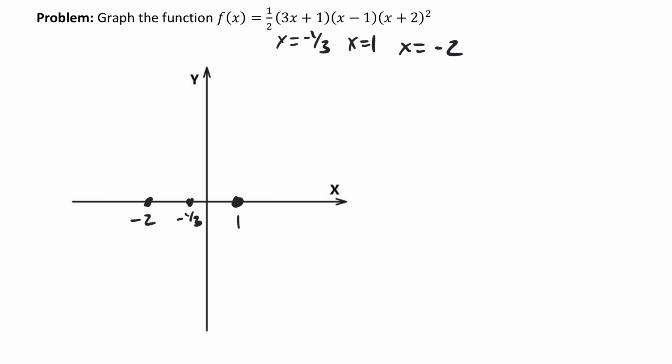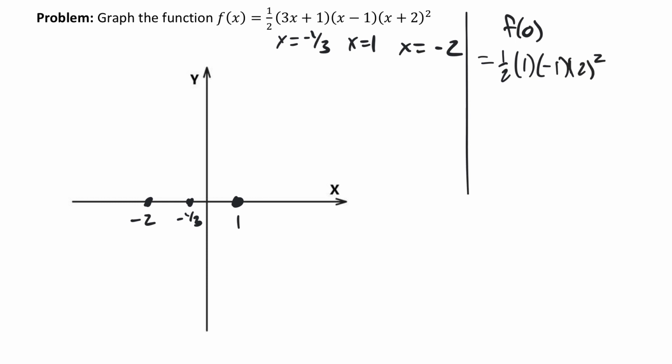It's a good idea to label your points if your graph is just an xy axis without any tick marks on it. Now, we're also going to need the y-intercept, and that's not given initially by the function, but you can calculate it pretty easily. The y-intercept is when x is equal to 0, so you calculate f(0). That's 1/2 times (3 times 0 is 0, plus 1), and then 0 minus 1 is -1, 0 plus 2 is 2, and we have to square it.